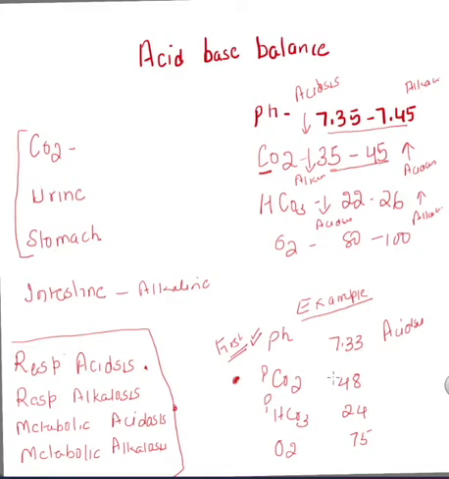PCO2 of 48 is causing the acidosis, right? Bicarb says it's normal. So it's related to the lungs, not to bicarb, because bicarb is normal. So this is a respiratory acidosis, it belongs to the lungs, and you can also confirm it by seeing the value of oxygen, which is less than normal.